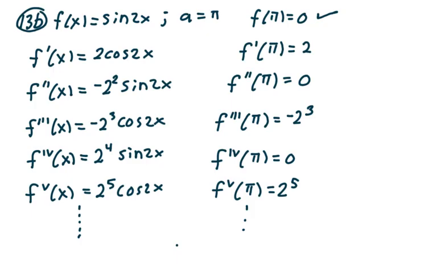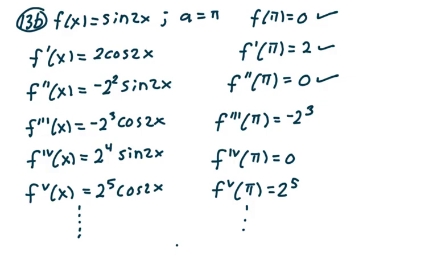F prime of pi is 2. F double prime of x is negative 2 squared sine 2x. F double prime of pi is 0. And so it looks like on the even derivatives, when I take an even derivative and evaluate it at pi, I end up getting 0, is what it's looking like.